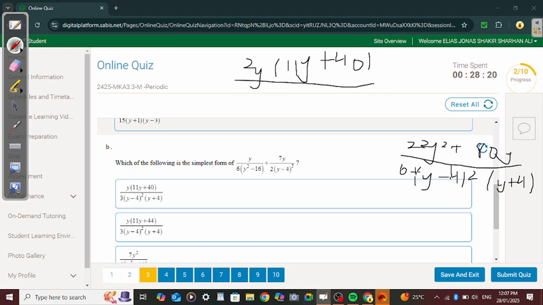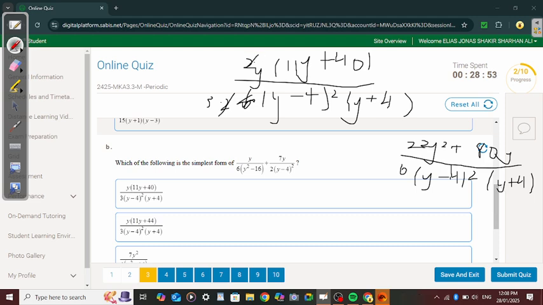plus 40 over the least common denominator, which is (3y minus 4) squared times (y plus 4). Here 6 could be split up into 3 and 2, and 2 multiplied by y. 2y could be split up into 2.